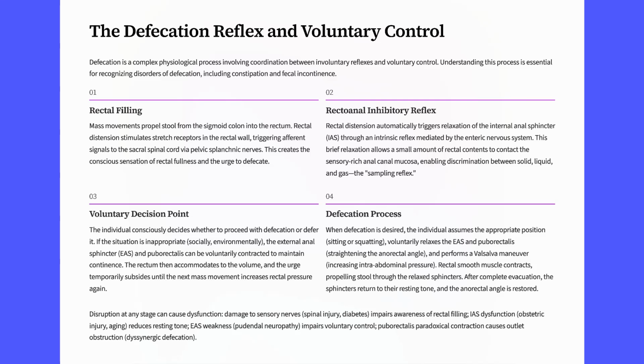Sampling allows the anal canal to distinguish between gas, liquid, and solid. Voluntary defecation occurs when conditions are appropriate. The person voluntarily relaxes the external sphincter and puborectalis muscle, straightening the anorectal angle. Valsalva maneuver increases intra-abdominal pressure, and coordinated relaxation and contraction facilitate stool expulsion.